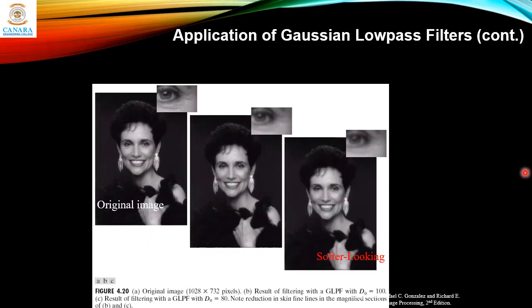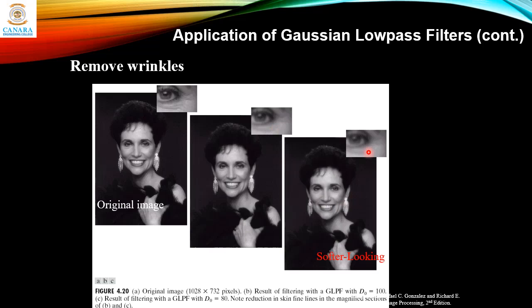Another application is to remove wrinkles. A similar application is found in all mobile phones now. You basically smoothen the image. You can have lots of filters in the app to make the image look much smoother. You can see the wrinkles near the eyes have been removed here by application of this Gaussian low pass filter.